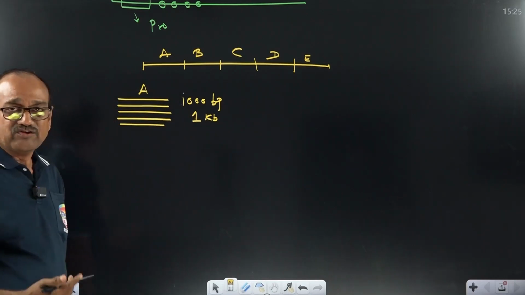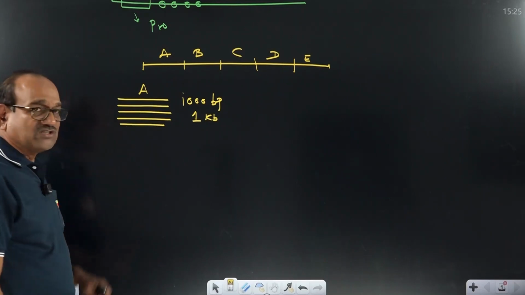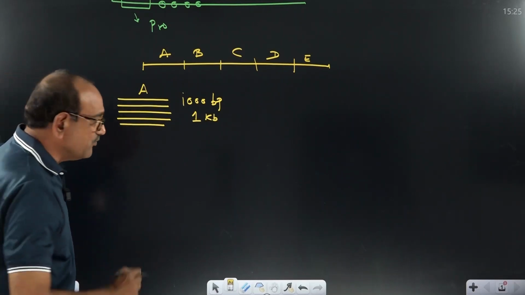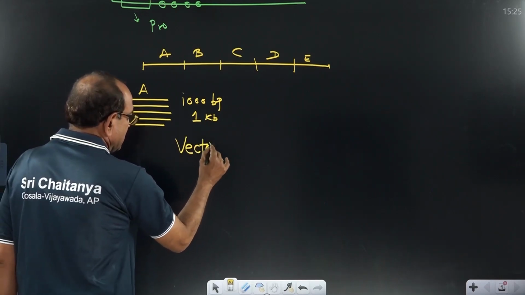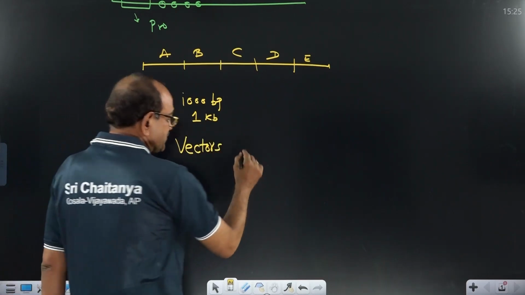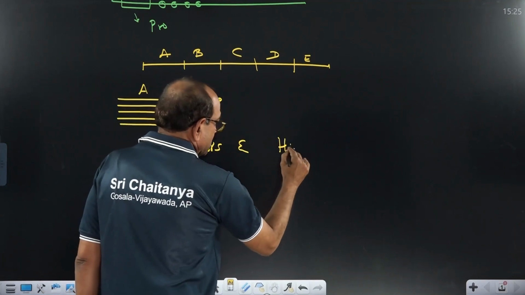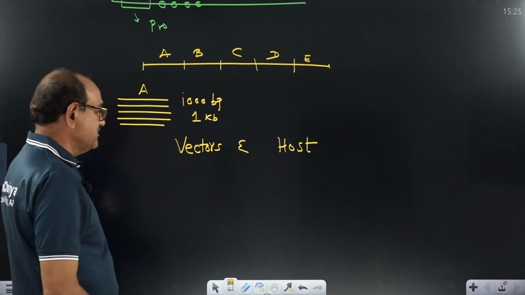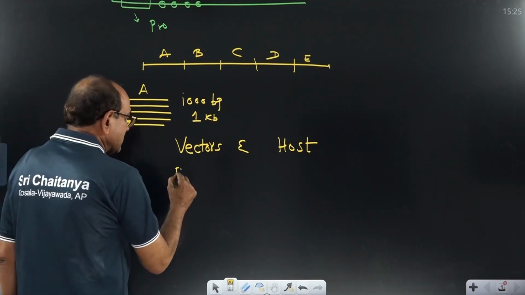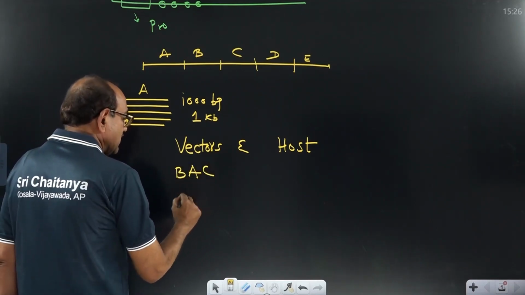For 1000 nitrogen bases, we need 1000 such copies. For this, we need certain vectors and hosts. Vectors: the commonly used vectors are BAC and YAC.